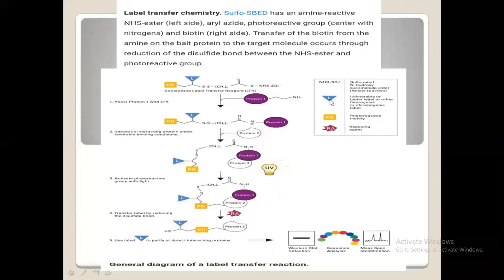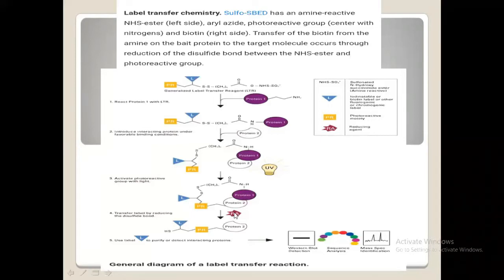This L is the iodinable or biotin label or other fluorogenic or chromogenic label. This is the biotin label. This PR is the photoreactive moiety of the reagent. This violet color one is the protein, first protein 1. RA is the reducing agent.